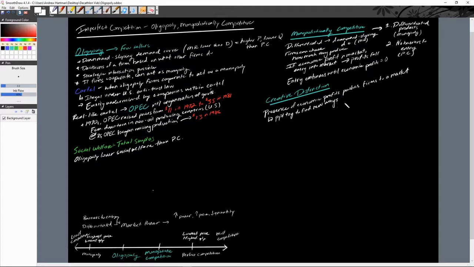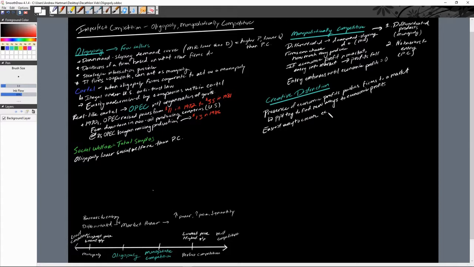Because if you can be the first one to notice and exploit a new market, you are going to make pretty miraculous economic profits. And what did we show as one of the easiest ways to create economic profit?